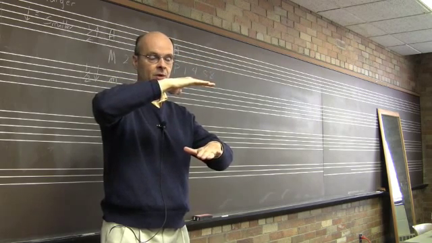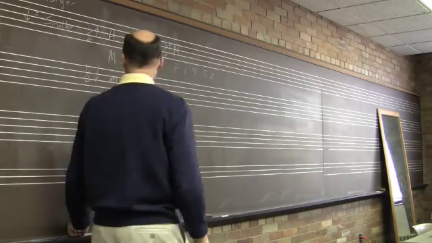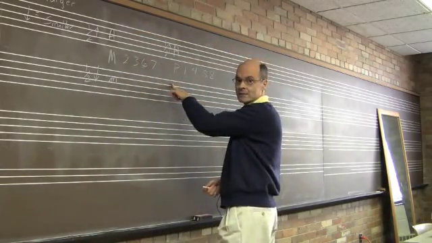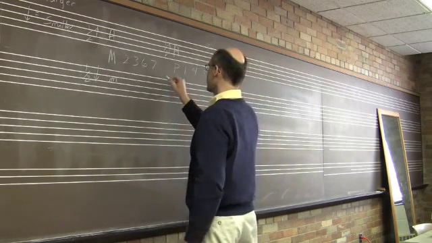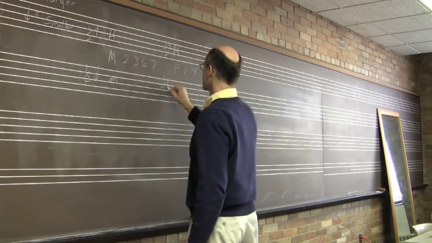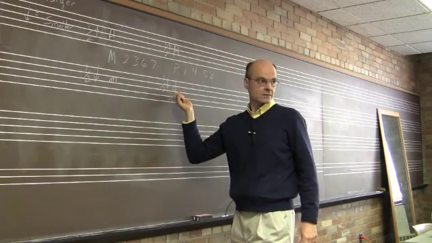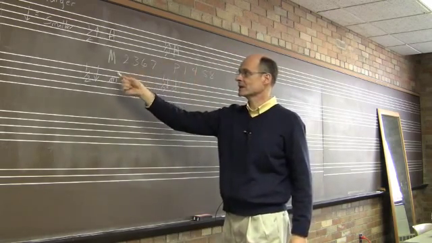That would make it a half step smaller, and that would become a minor interval. A perfect interval a half step smaller, 1, 4, 5, or 8, becomes diminished. So this is the difference. That's why you have to really keep track of this.